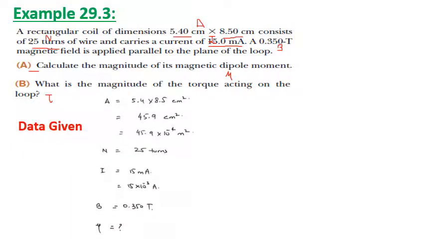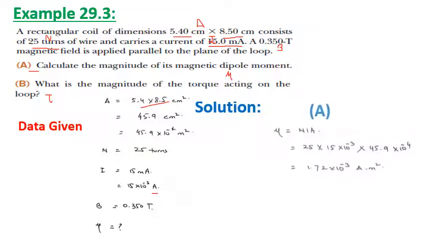The data is as follows. I have simplified the given values, and the area is 45.9 into 10 to the minus 4 meter squared. Number of turns is 25, and the current was given in milliamps, which I have converted into amps, that is 15 into 10 to the minus 3 amperes. Now I have to find the magnetic dipole moment.